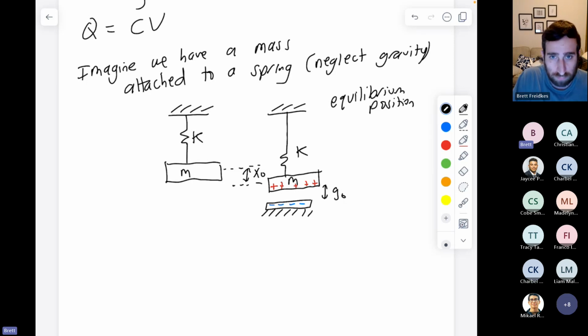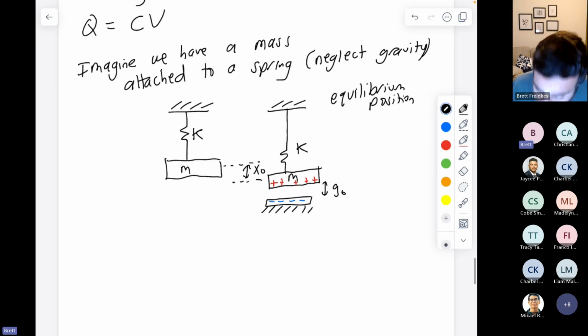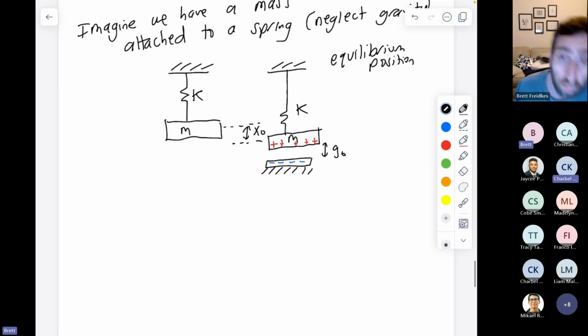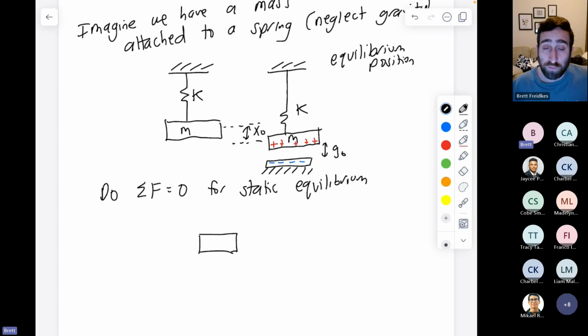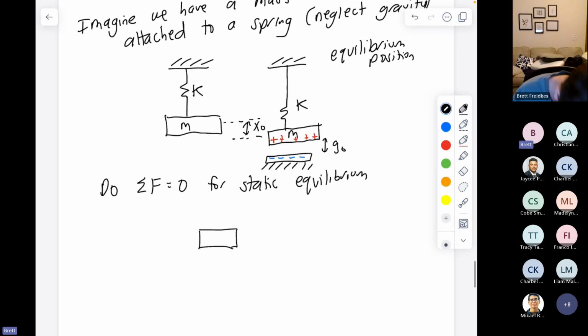Perfect. So let's say we're in equilibrium. If I were to do a Newton's second law sum of forces thing, sum of forces equals 0 for the static equilibrium, there is some electrical force that is trying to bring the mass closer.